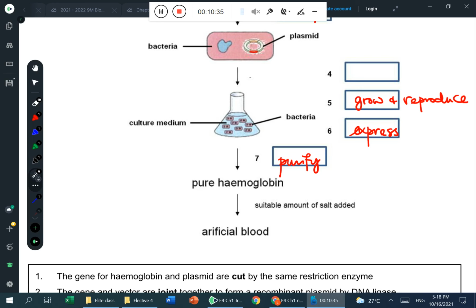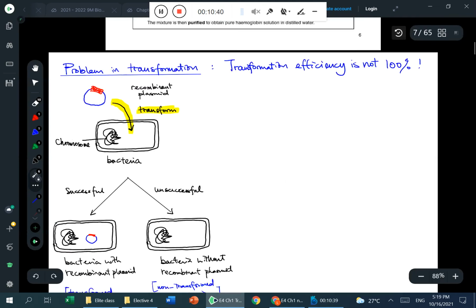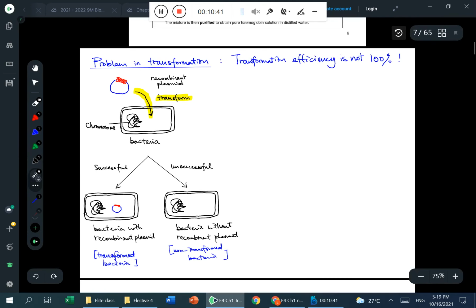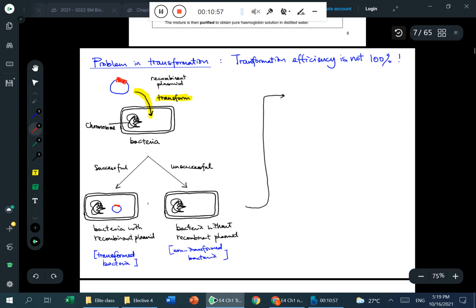It's very important. Okay, so let's go back to the drawing here. Now let's say the next step is to put these two types of bacteria together. Remember, in the bacteria, you can't see which one is transformed and which one is non-transformed.